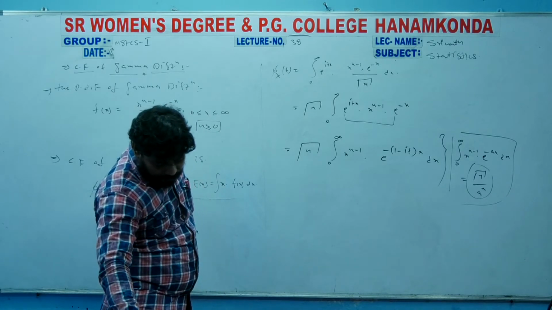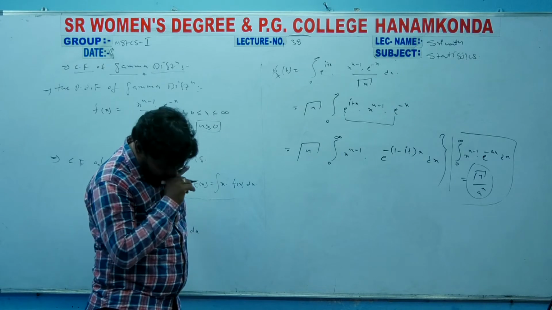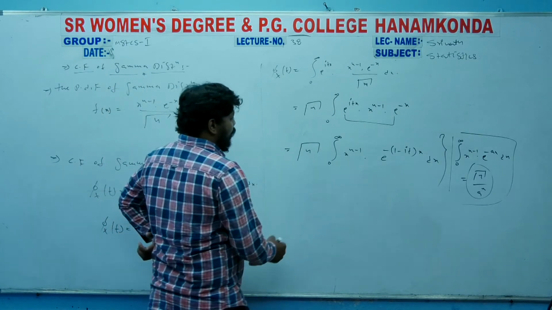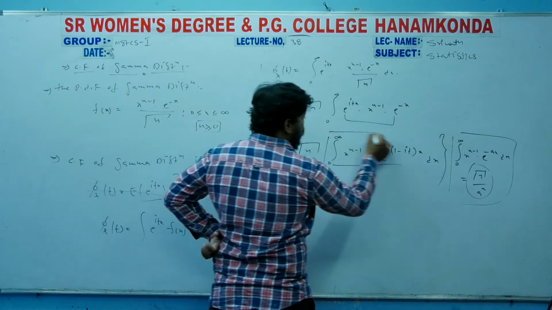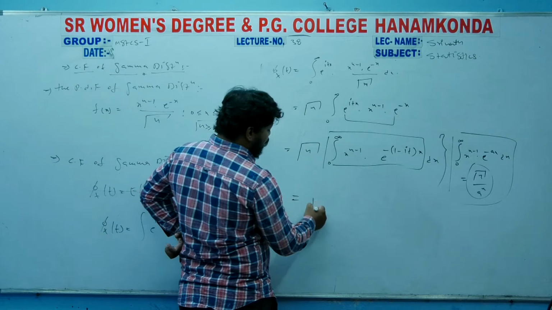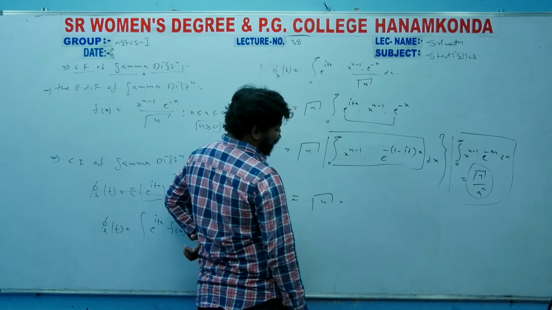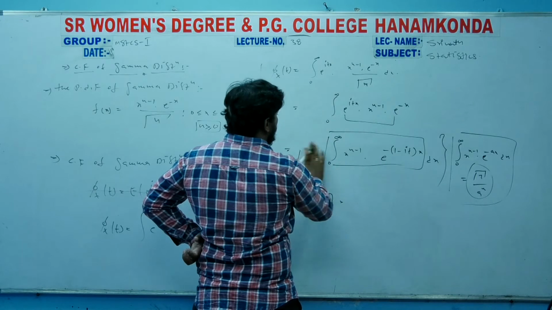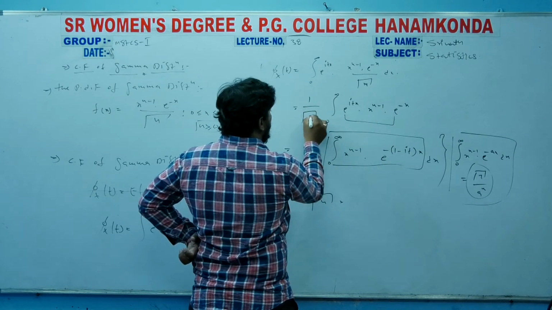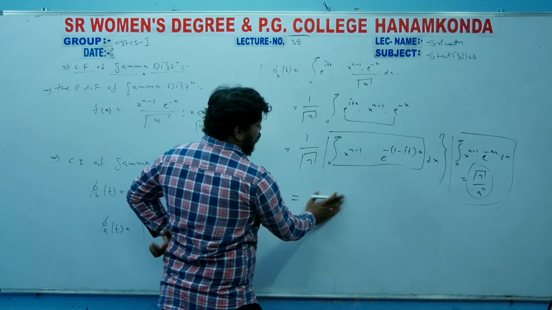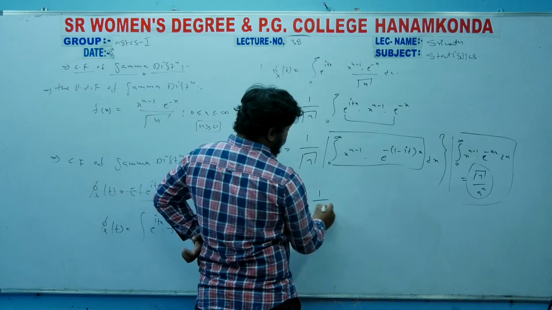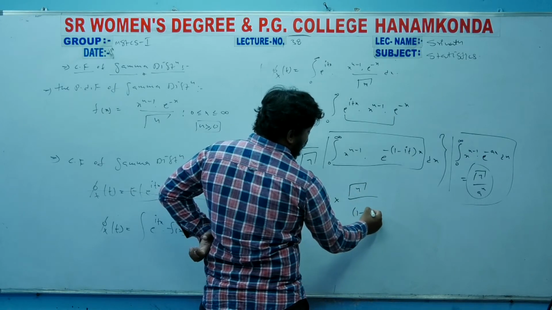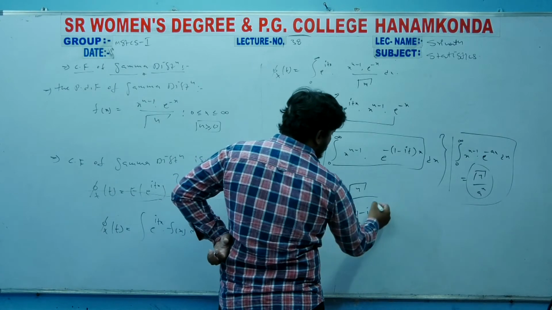And here you can write, in place of this term, 1 by gamma n into gamma n by (1 minus it) power n.